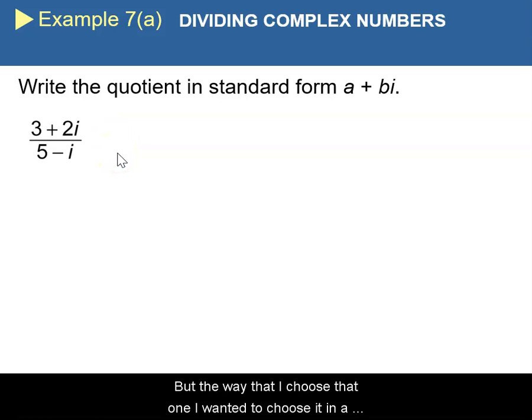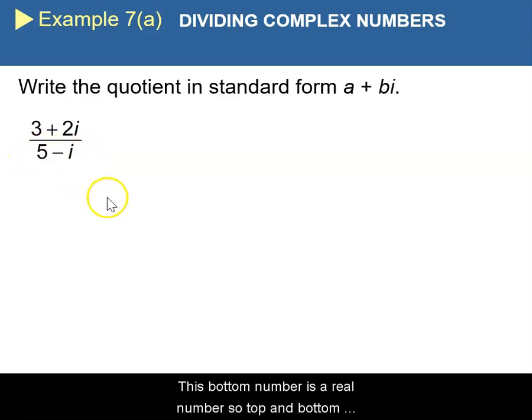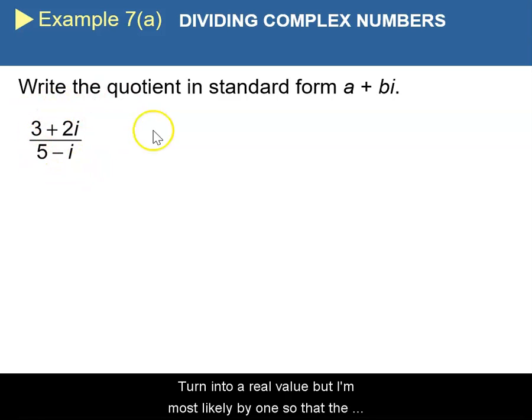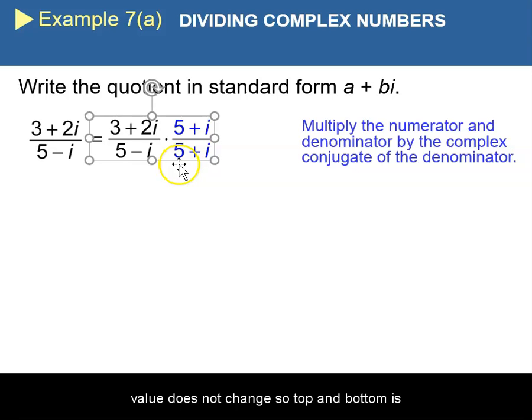But I want to choose that one in a way so that when I change the way it looks, but not the value, this bottom number is a real number. Okay, so top and bottom, I'm going to multiply times the complex conjugate so that this turns into a real value, but I'm multiplying it by 1 so that the value does not change.